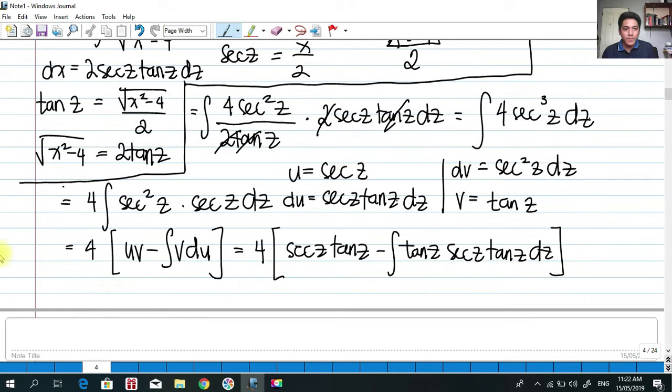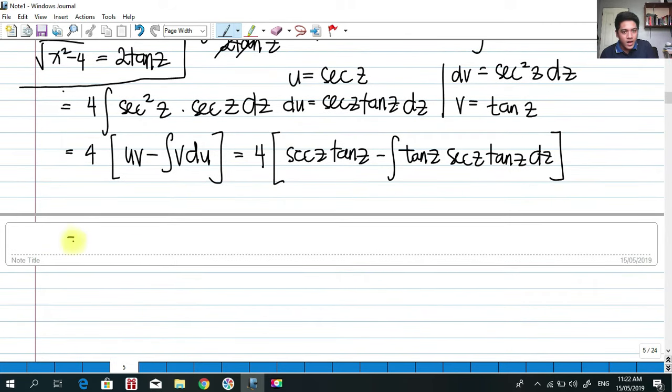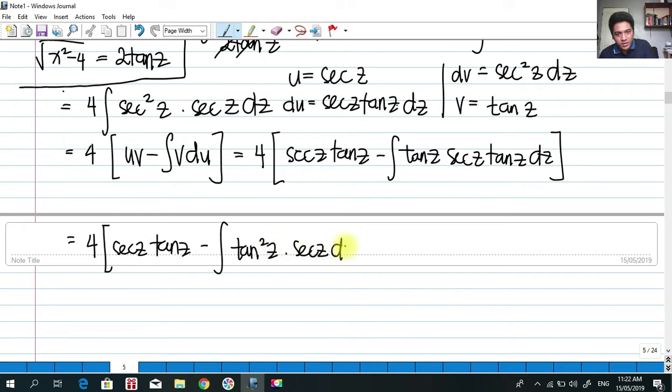Okay, so what will happen here is that we have 4 secant z tangent z minus, we can combine the tangent squared, tangent squared z times secant z dz. And from here, we can actually convert this into secant squared.